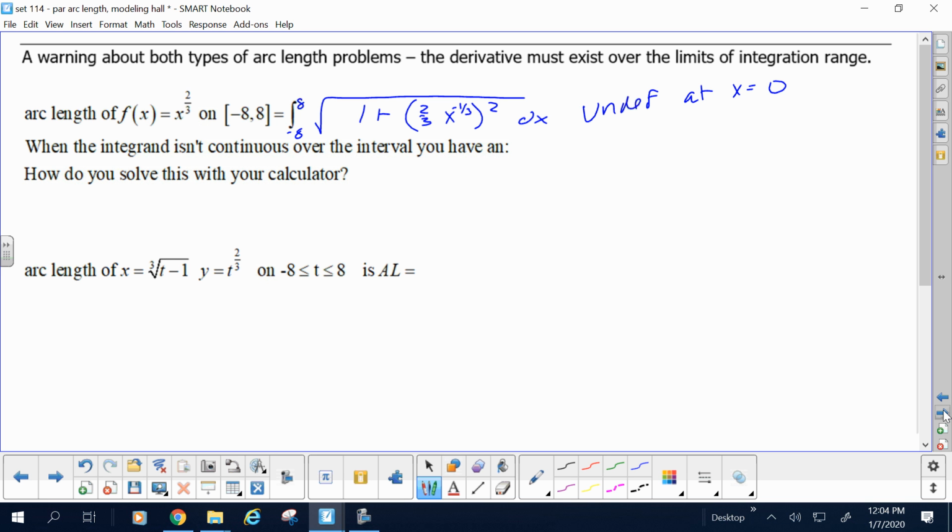Now, if you are to do this, the calculators now are so advanced that I don't know if your calculator would have a problem with this or not. Why don't you get your calculator out and see if it gives you an error message or not.